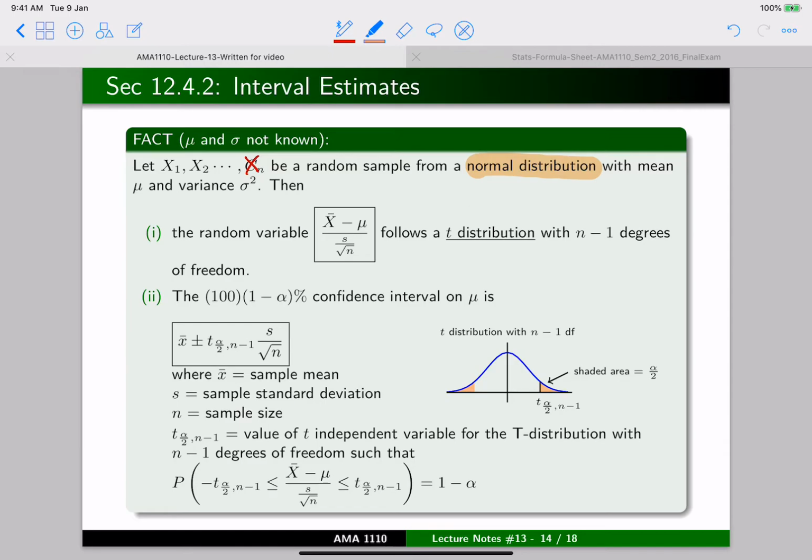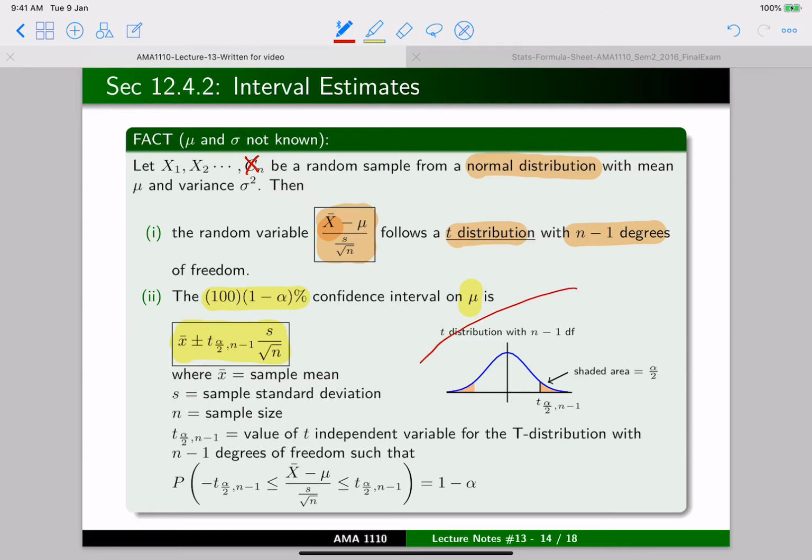Then the random variable, sample mean minus mu divided by s over square root of n, follows a student t distribution with n minus 1 degrees of freedom, and the 100 times 1 minus alpha percent confidence interval on the population mean is given by x bar plus or minus t alpha over 2, n minus 1, times s over square root of n, where x bar is the sample mean and s is the sample standard deviation.